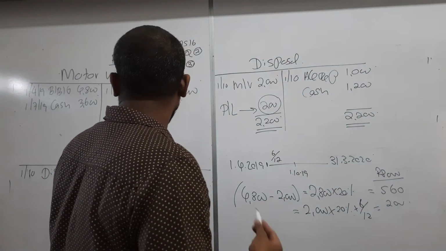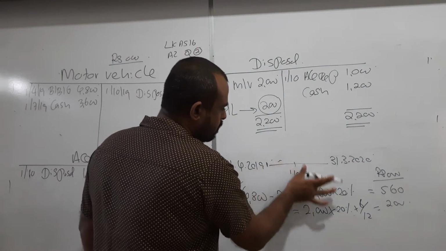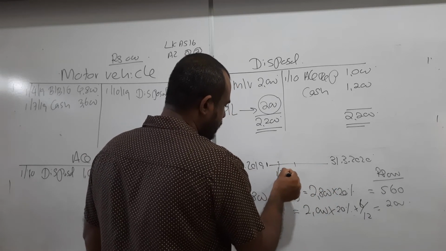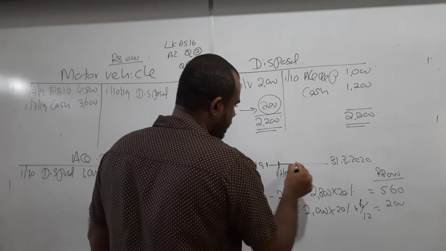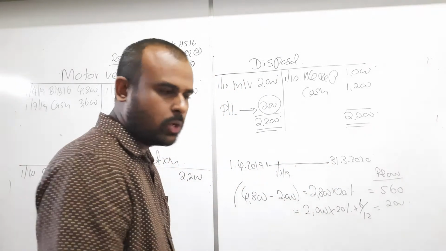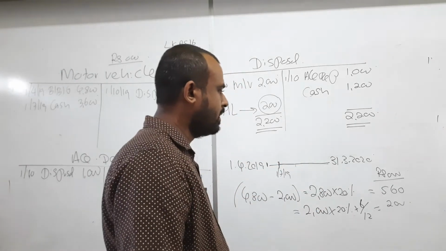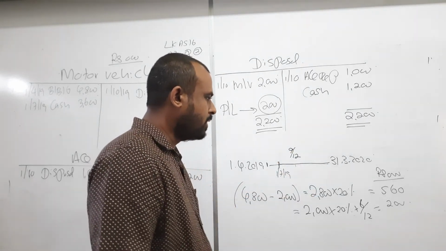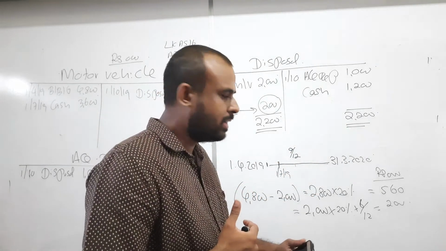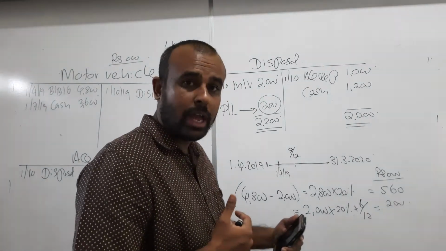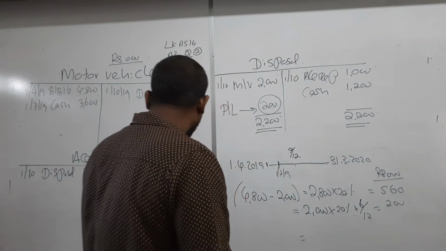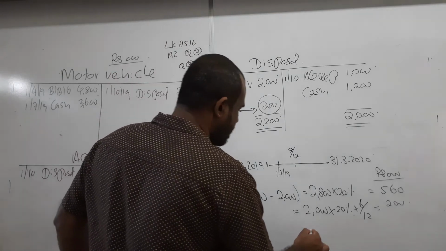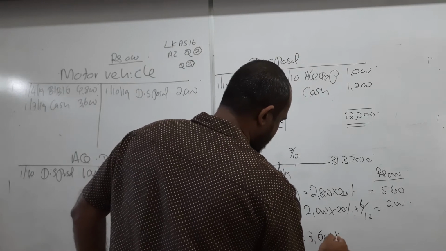Then you depreciate the assets that you purchased. When did you buy the new assets? On 1st July 2019. So from 1st July 2019 to this date, it has been used. So according to the matching concept, you have to calculate the depreciation only for that particular period. The newly purchased assets were used during the year for 9 months. Therefore, you calculate the depreciation for the period of 9 months. So the cost of the newly purchased assets, 3,600,000.